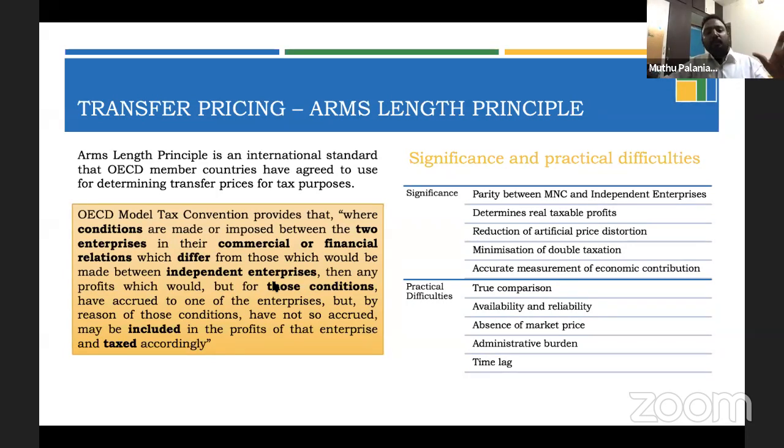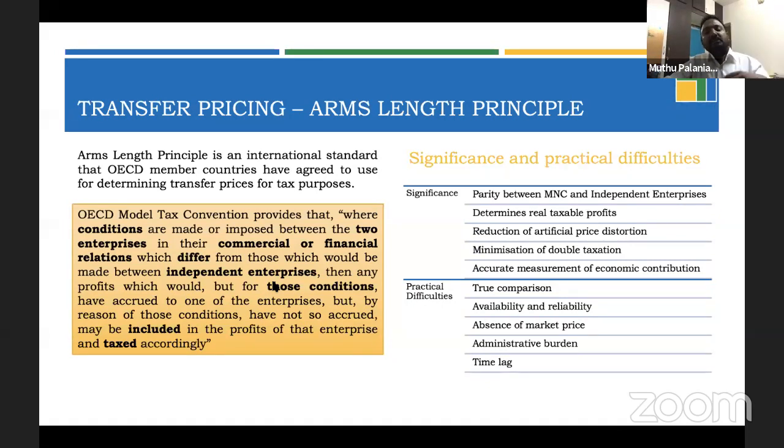So with this gap of 2 years, probably the employee who was working with that company at that point in time would not be there. The data which should have been available at that point in time would not be available. So you would not be able to identify the pricing which is relevant for 2 years before. So it's a post-mortem exercise. So this time lag becomes a difficulty in identifying the real price. So these are the difficulties of the arm's length principle.